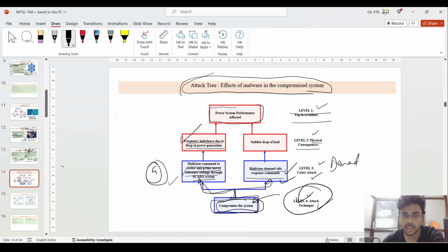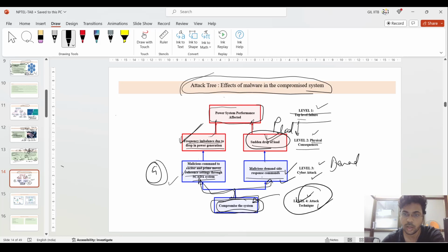On the generation side, there is frequency imbalance due to a drop in power generation. On the demand side, there is a sudden drop of load. Both issues compromise the resiliency of the power system network. So both sides can be prone to cyber attack.